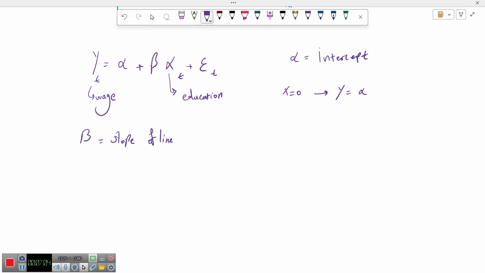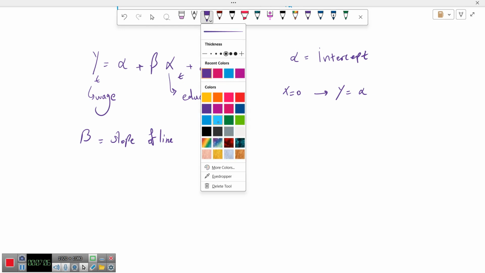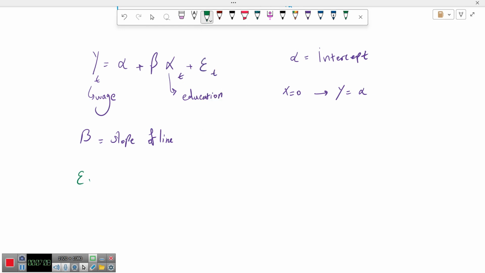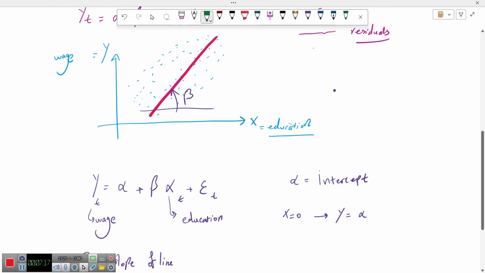And the most important is epsilon. Epsilon is the error term capturing the differences between the actual and predicted value. For example, for that point, we predict one value, but the actual is that. It's the difference between the predicted point and the actual point.